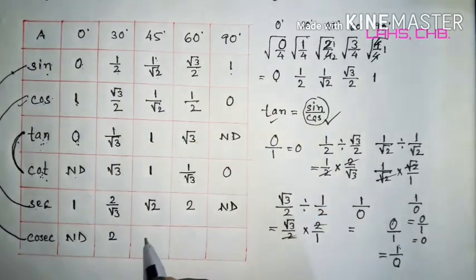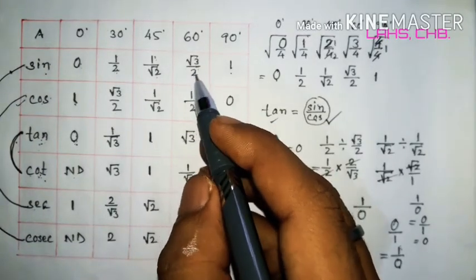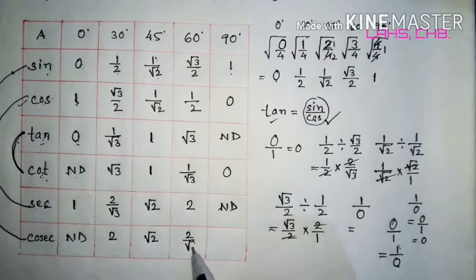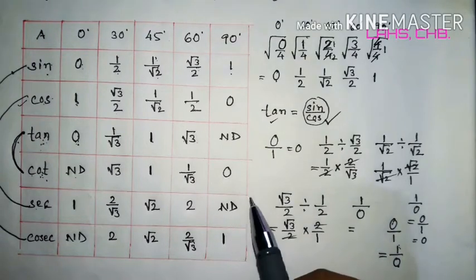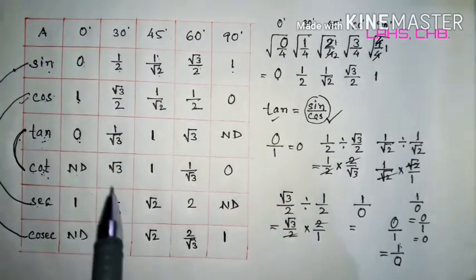The reciprocal of 1 by root 2 is root 2 by 1, that is only root 2. Make the reciprocal of root 3 by 2, that is 2 by root 3. And the reciprocal of 1. So in this way we can easily make our own table.